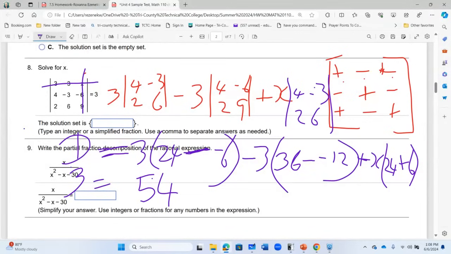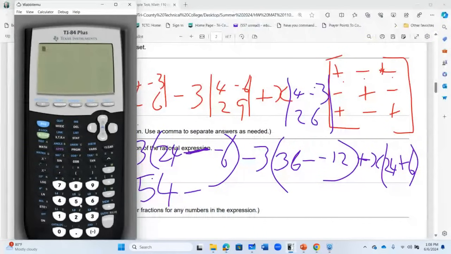And then right here I have 24. Minus minus actually is plus here. So 36 plus 12 is 48. Negative 3 minus negative 3, or I can just put negative here. Then I have 48. 3 times 48, so I get my calculator.